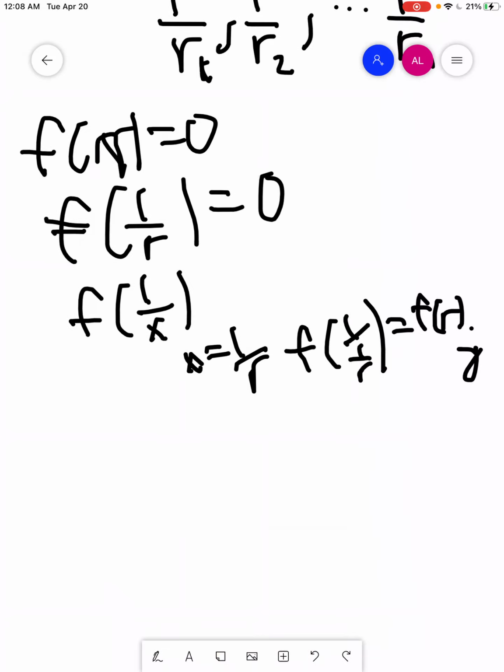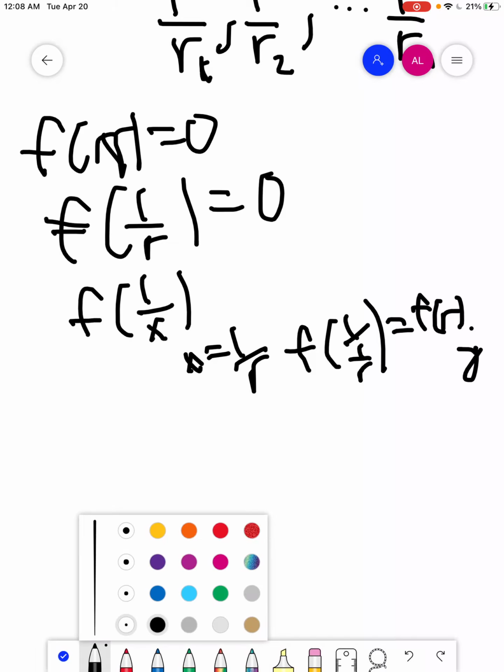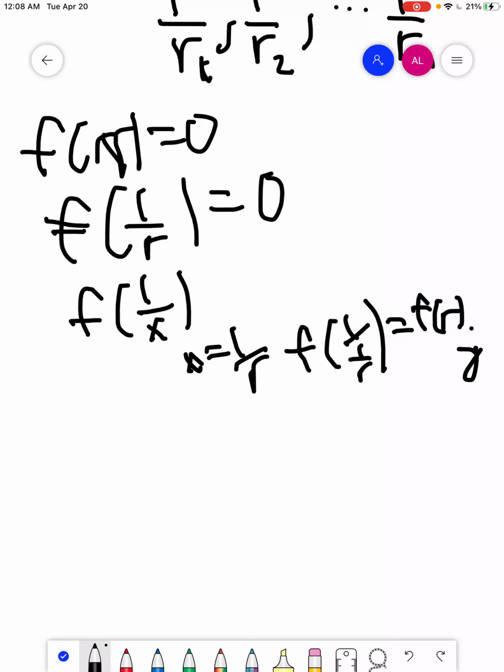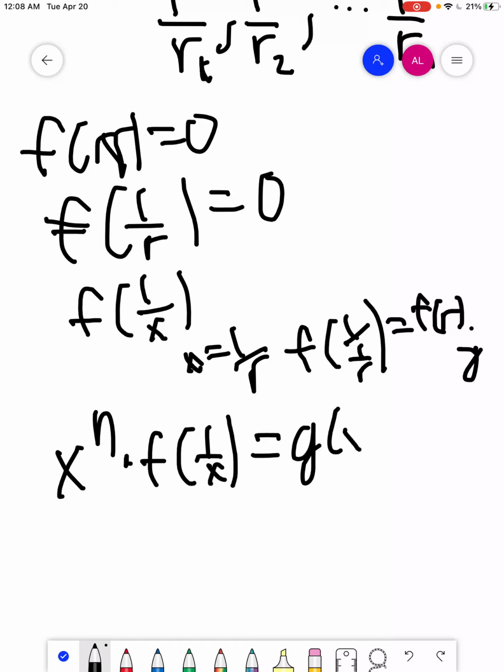But one problem is that f of 1 over x is not a polynomial. So we'll have to multiply by x to the nth power times f of 1 over x, which we'll just rewrite as g of x. Let me give you an example.